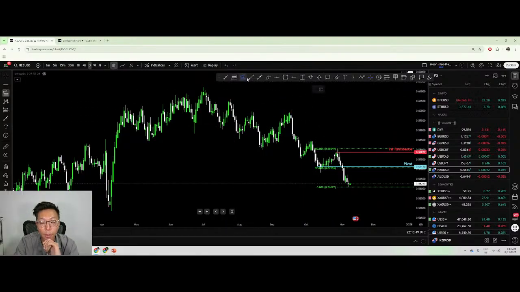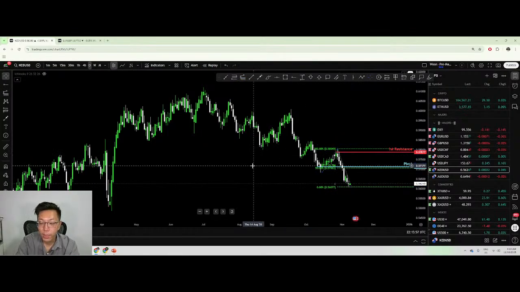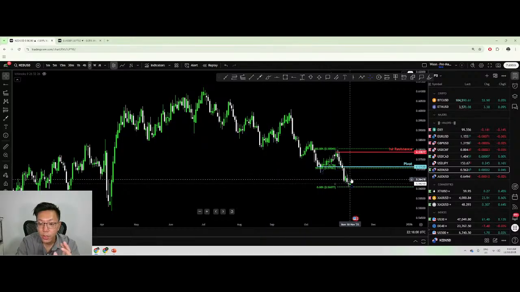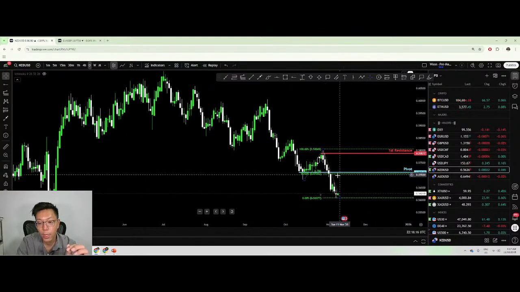Then let me see, I think there is also a projection. Yeah, a 78.6% Fibo projection. So safe to say, once price reaches our pivot point, we will definitely take sells over here. It is recommended to take sells. You don't necessarily have to, but I would take sells at this area.